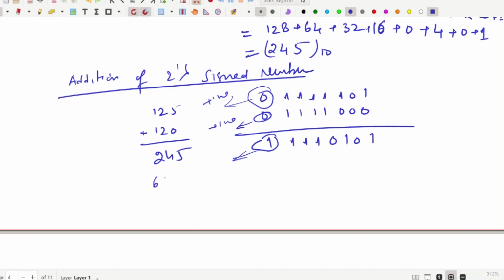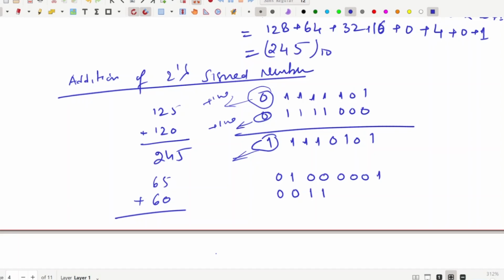So simply 65 in 8-bit format is represented like this: 0 1 0 0 0 0 0 1, and similarly 60 is represented like this: 0 0 1 1 1 1 0 0, that is 32 plus 16 is 48, plus 8 plus 4.